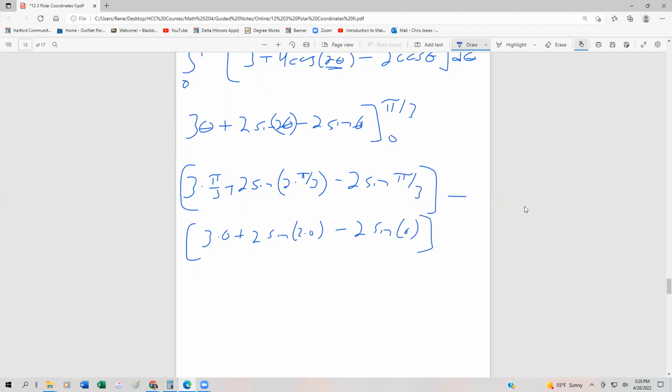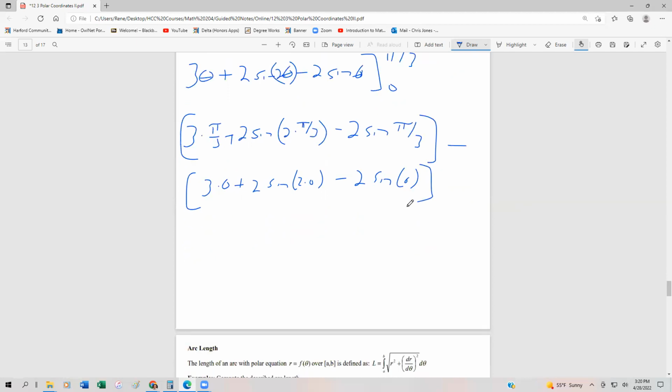All right, so some good news. Actually, lots of good news. So 3 times 0 is 0. 2 sine of 0 is 0. And then 2 sine of 0 is 0. So the whole second expression is just going to cancel out. 3 times pi thirds is going to be a pi. We have 2 sine of 2 pi thirds. All right, so sine of 2 pi thirds is going to be √3 over 2.